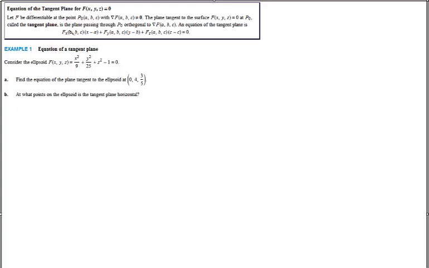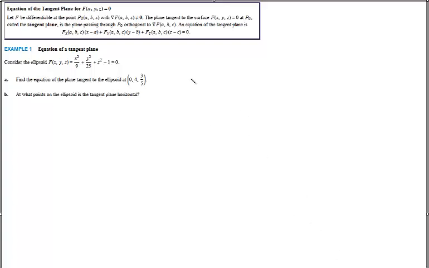This is the equation of a tangent plane, and what it says is that we're going to have something that's differentiable at that particular point, and then the gradient there can't be equal to 0, and we are going to take the partial of this with respect to x, and it will be very similar to what we did for a line. So let's see if we can follow this.